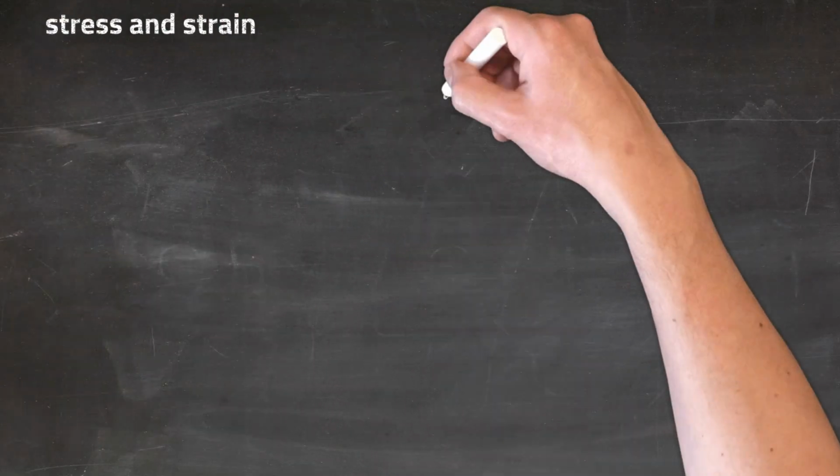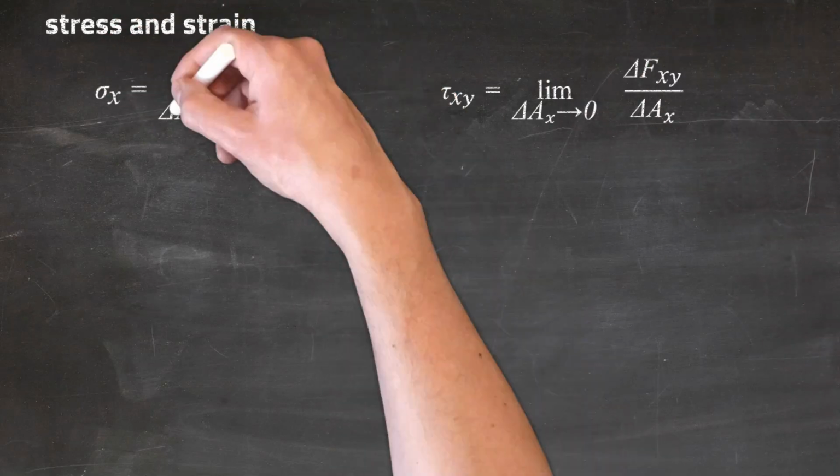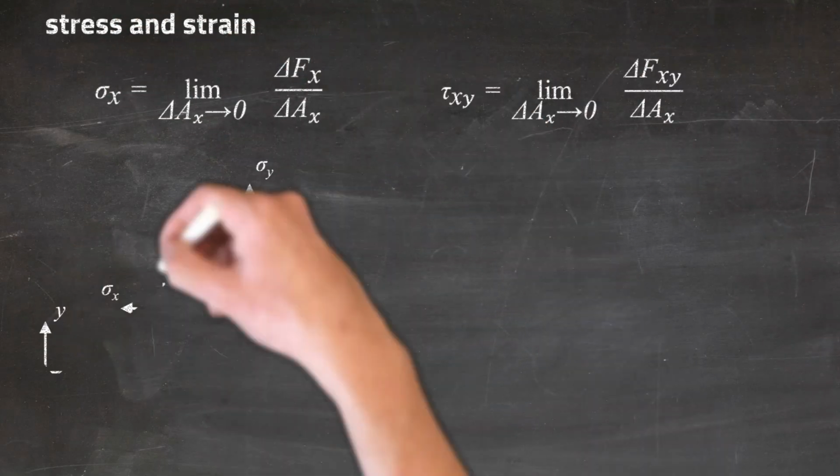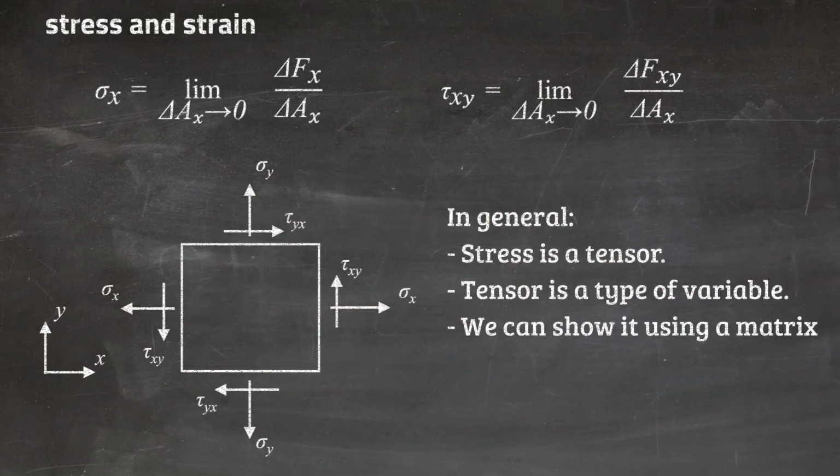If we divide the forces on each side with the area they are applied to, when assumed the size of the square approaches 0, we can calculate the normal and shear stress applied to a point in a random object. This can be shown mathematically by calculating the limit of the force divided by area when the area approaches 0. Therefore we will have one normal stress and one shear stress on each side.